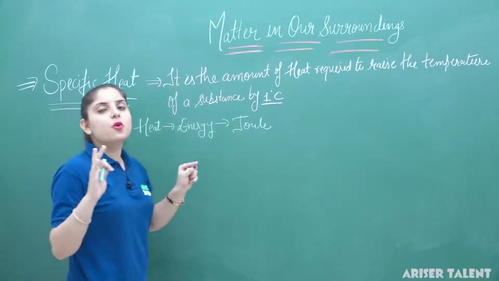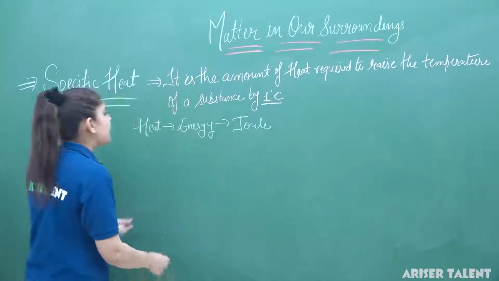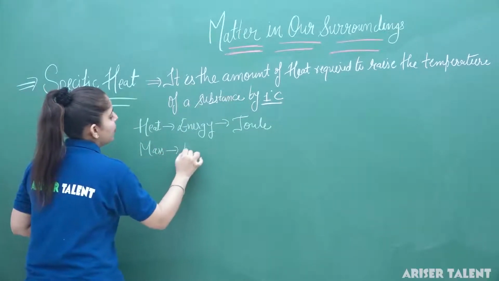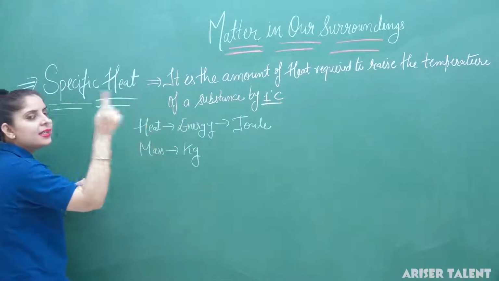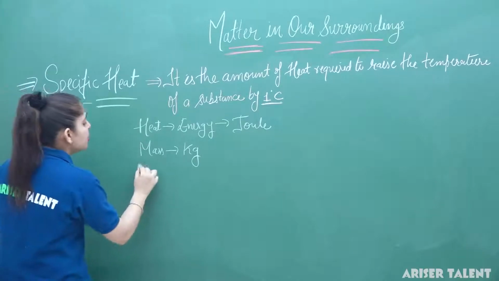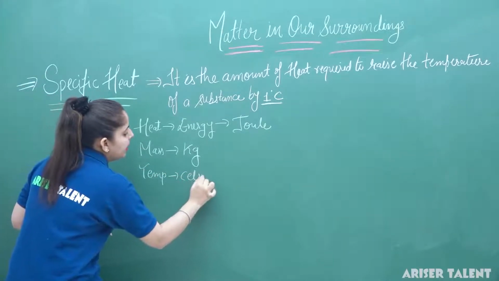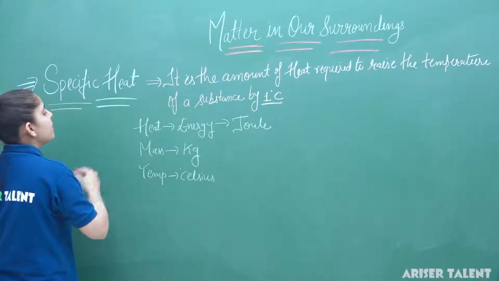So the substance is always counted in a kg or gram. So I am considering here the standard unit. So for the unit of mass we have kg, and you know that we are raising the temperature by 1 degree Celsius. So the temperature of the substance will be in degree Celsius. So these are the three units we are getting from here.